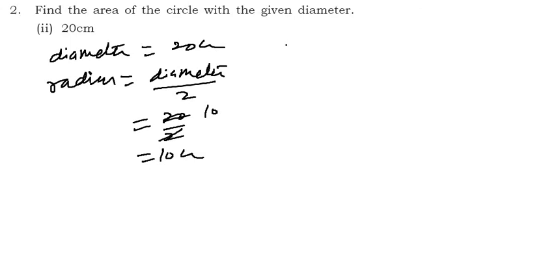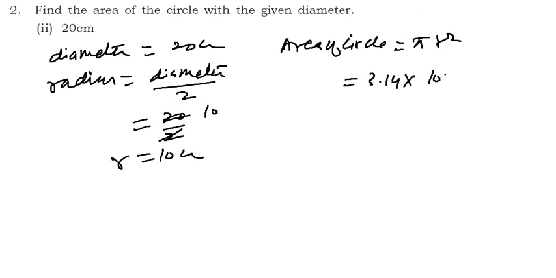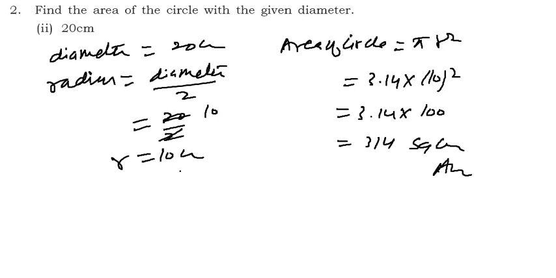Now find the area of circle. Area of circle, that is the pi r square. Pi is 3.14 and r is 10 and whole square. So that is 3.14 into 100. So that is 314 centimeter square, or you can say square centimeter. So that will be your answer.